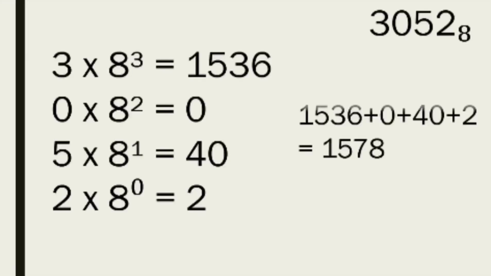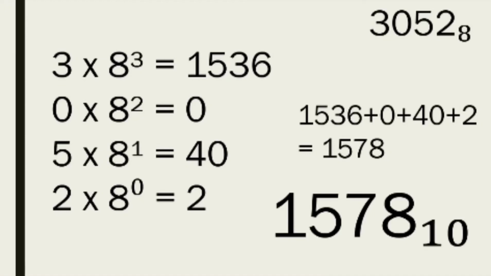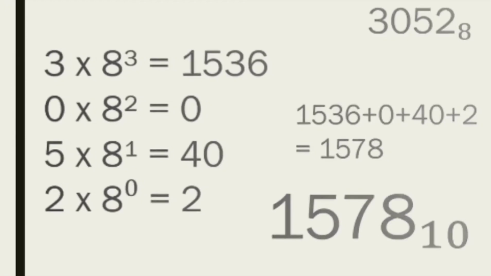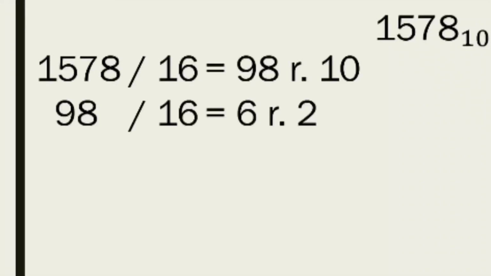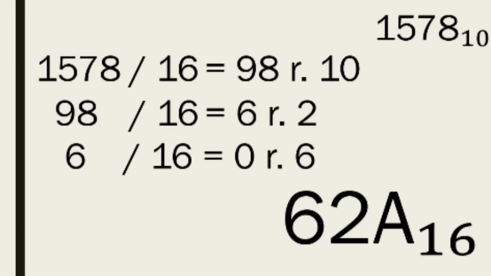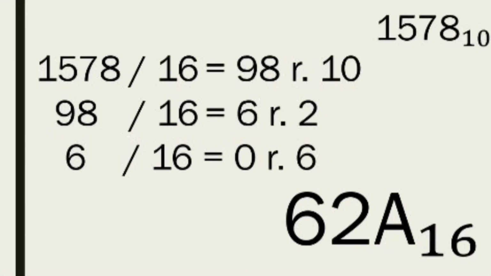Octal to hexadecimal. To convert octal number system to hexadecimal number system, we should convert it to decimal first. From the converted decimal number, we should divide it to 16 and get the quotient and the remainder. Divide the quotient. Continue until the quotient reaches 0. Get the answer by reading the remainder upwards and write the base number of hexadecimal, which is 16.